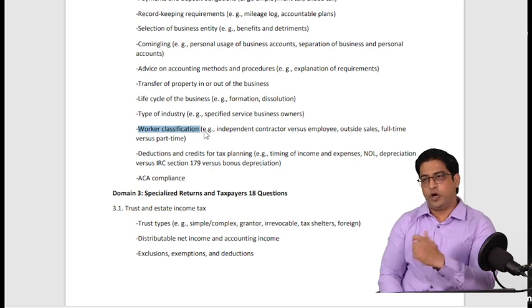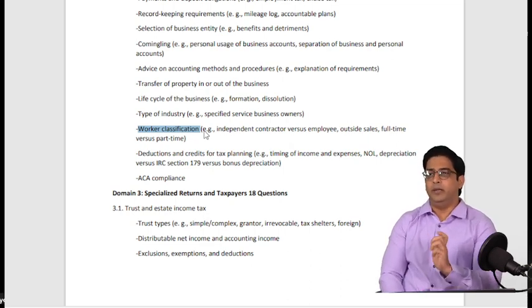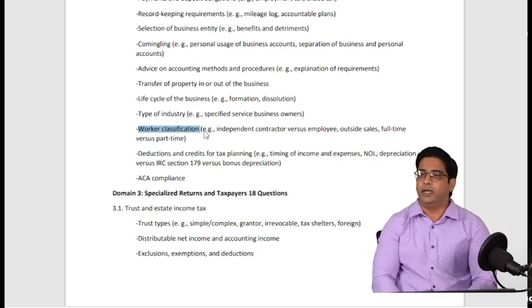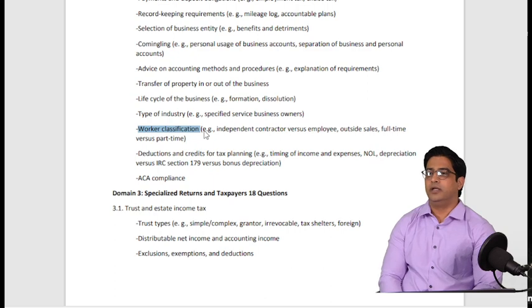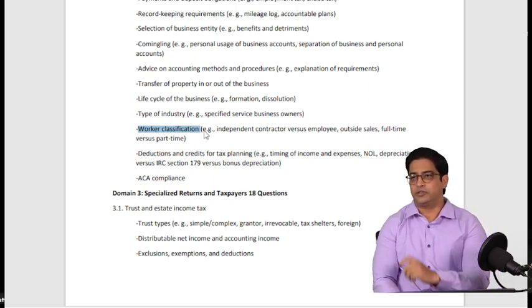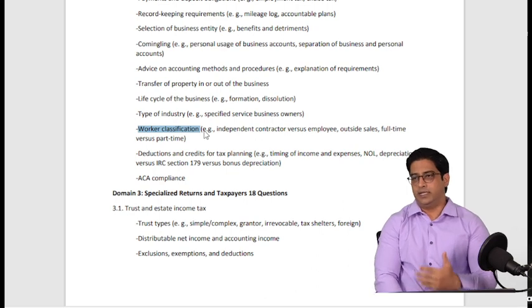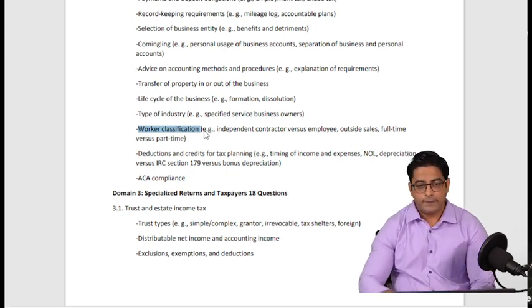If you are not an employee, you'll be an independent contractor. For an employee, he'll be getting a W2. For an independent contractor, he'll be getting a 1099-NEC. NEC stands for non-employee compensation. Only two source documents that you'll get: either a W2 or a 1099 income document.